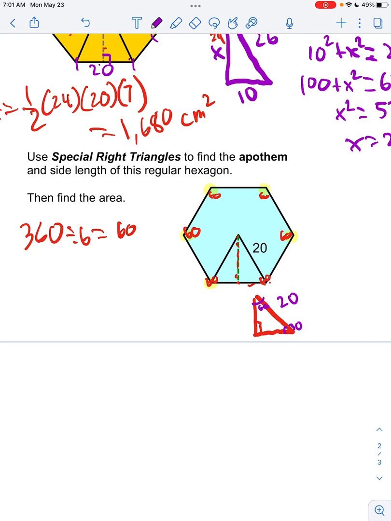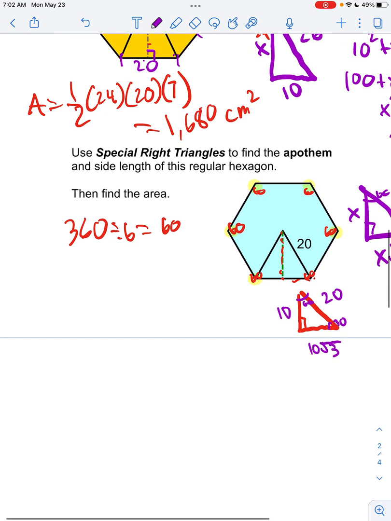So again, for a 30-60-90, across from my 30 is X, across from my hypotenuse is 2X, and across from 60 is X square root 3. So if my hypotenuse is 20, then the height is going to be 10, and the leg is going to be 10 square root 3.